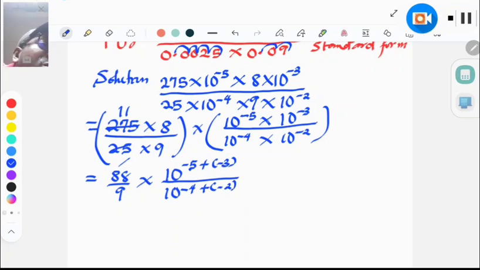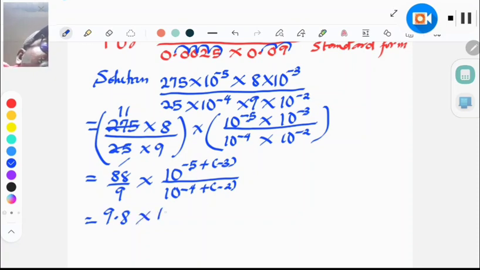Don't forget, you add the powers anytime you are multiplying two bases together. So you can see that 88 divided by 9, 9 in 88 is going to give us 9. That's 81 point 7777777. So we can say 9.8, that's if you round it to one decimal point.